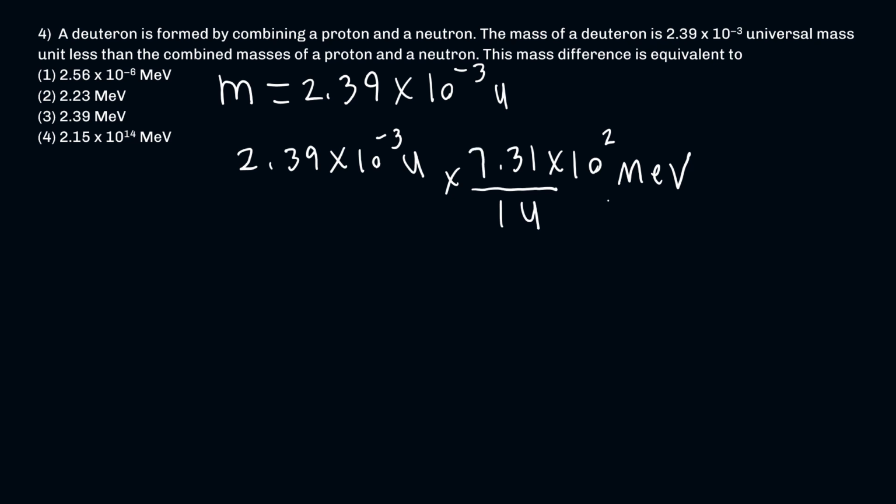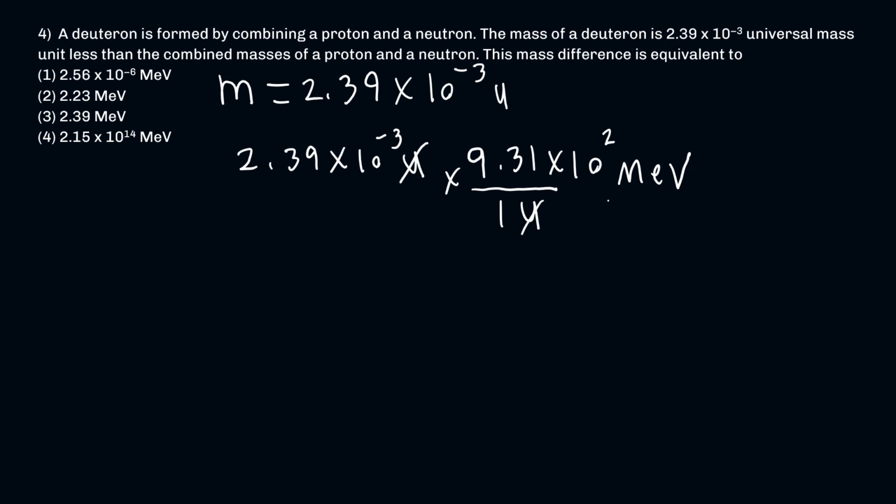So then all you're going to do is plug this into your calculator and end up with the answer, because my universal mass unit is going to cancel and I'll be left in mega electron volts. So just plug this into your calculator: 2.39 times 10 to the negative third multiplied by 9.31 times 10 to the second.